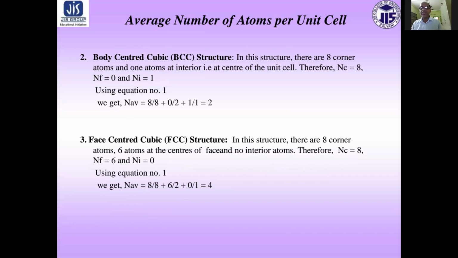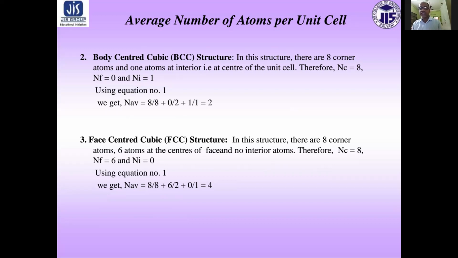So effectively 2 atoms are present in a unit cell. The difference between simple cubic and body-centered cubic is that in BCC there is one interior atom present in the unit cell, so the average number of atoms per unit cell is 2.